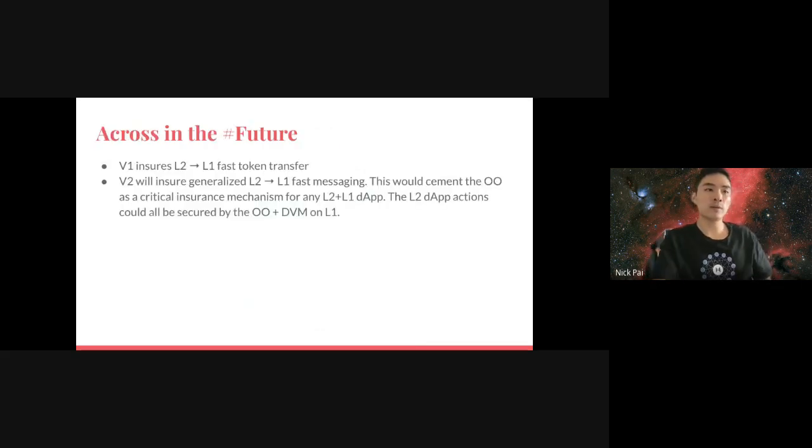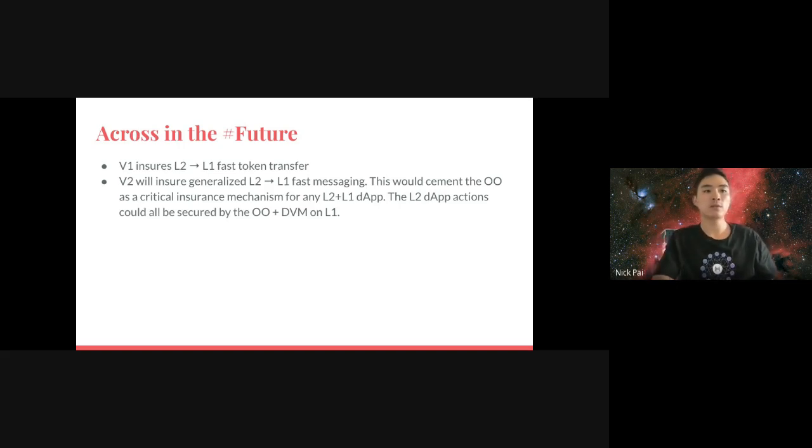So the way to think about V1 right now, what Chris just described, is we are facilitating fast token transfers from L2 to L1, and people who need quick liquidity are going to essentially get loans from people who are willing to wait a week for the slow liquidity.